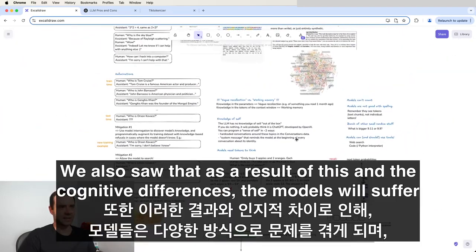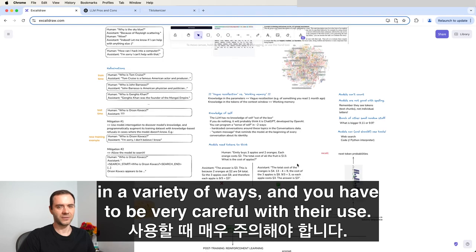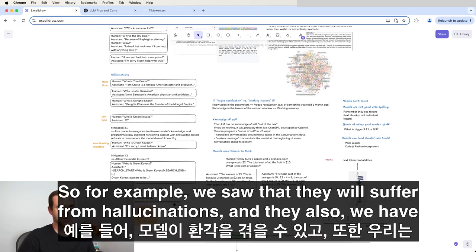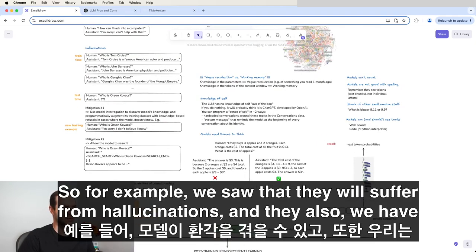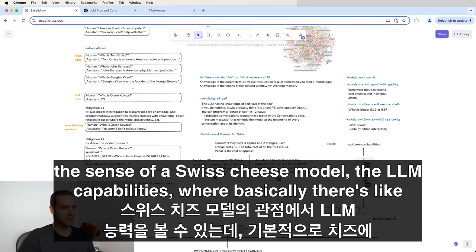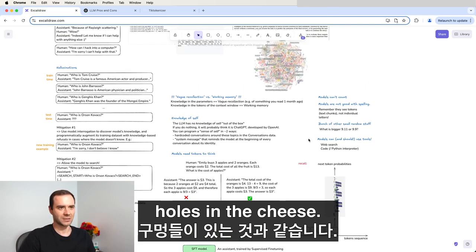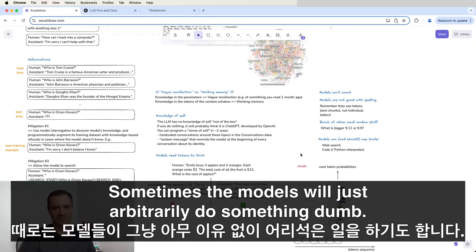We also saw that as a result of this and the cognitive differences, the models will suffer in a variety of ways. And you have to be very careful with their use. So for example, we saw that they will suffer from hallucinations. And we have the sense of a Swiss cheese model of the LLM capabilities where basically there's like holes in the cheese. Sometimes the models will just arbitrarily do something dumb.